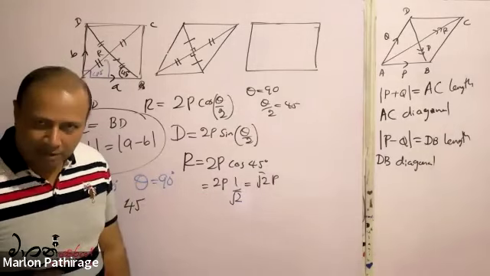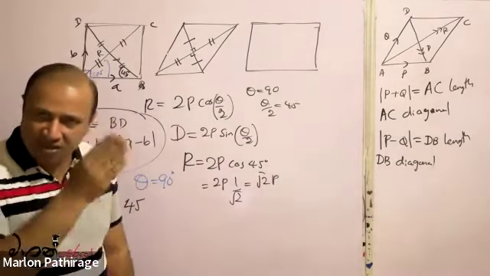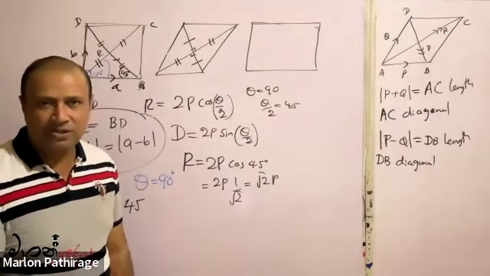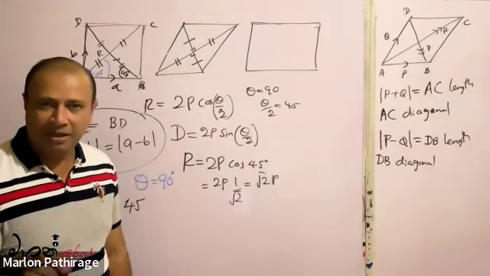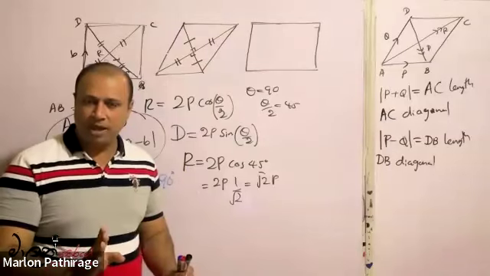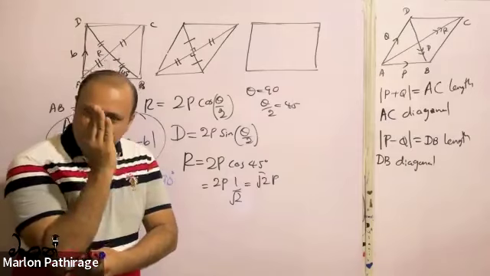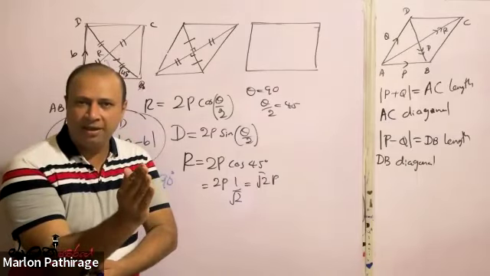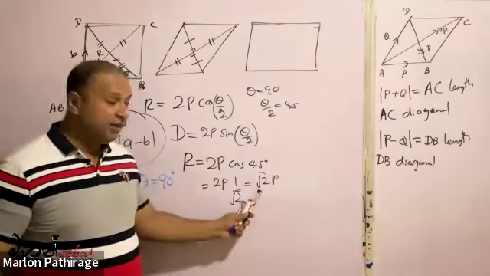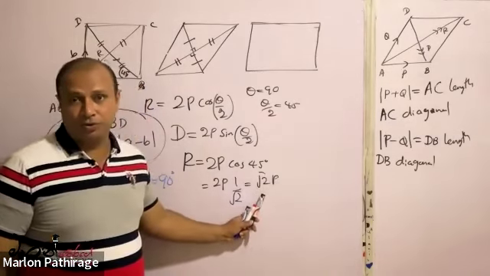Is that right? That means if it is a square, then the resultant vector should definitely be the product of one vector and root 2.